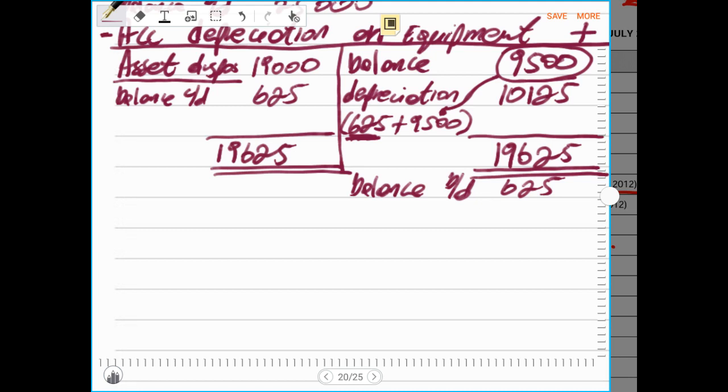The old equipment was sold at the end of July in the year 2013. That is why the balance at the end of the year becomes only the depreciation for the new equipment that was acquired 3 months before the end of the current accounting period. So now that ledger account is completely done.